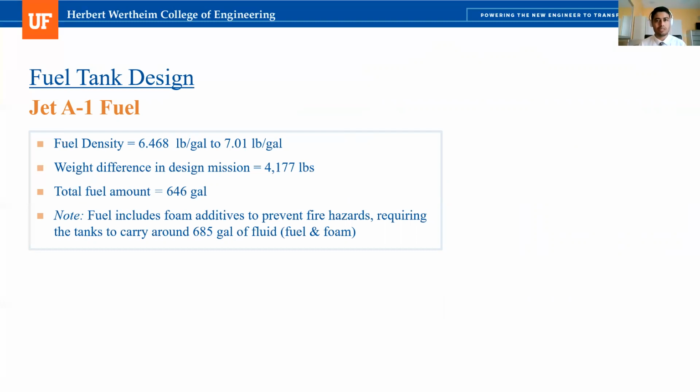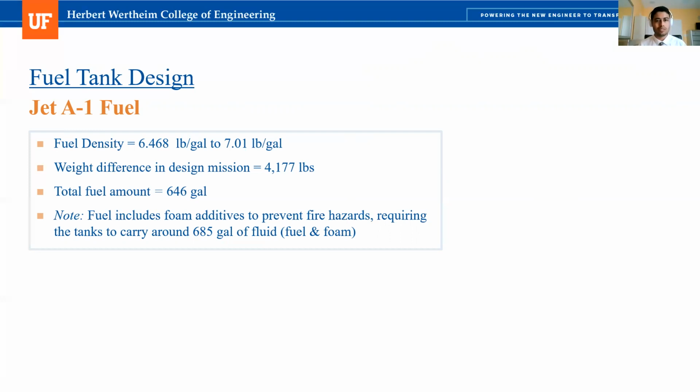And for a similar reason, we considered the weight difference in the aircraft in the design mission rather than the ferry mission, because the design mission requires the aircraft to cover more range. And the weight difference of the aircraft is equivalent to the weight of the fuel that the aircraft should carry. And within the fuel, we included a special foam, which makes the fuel fireproof and explosive proof.